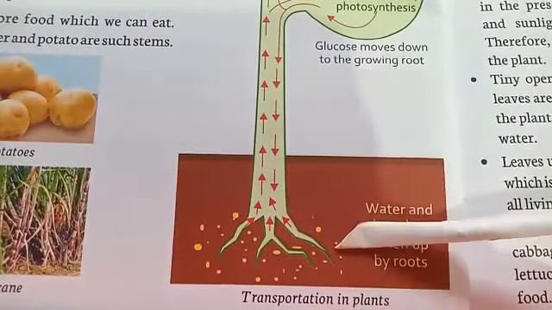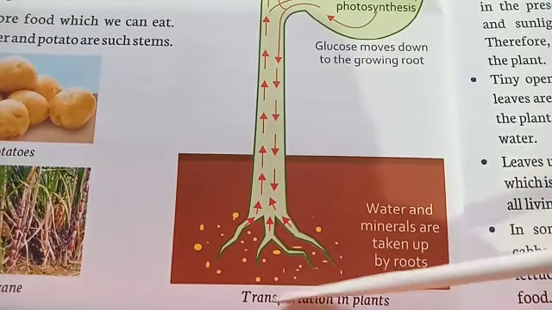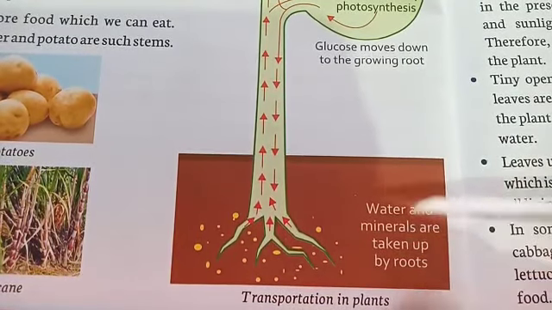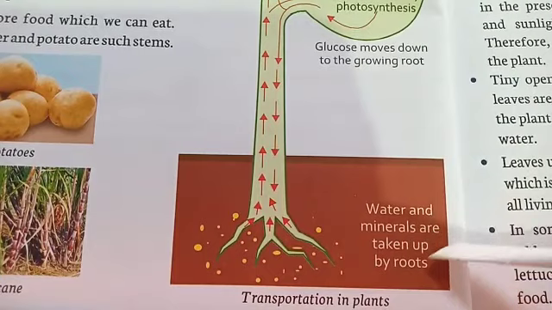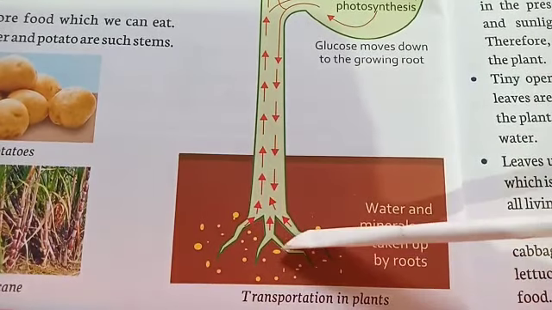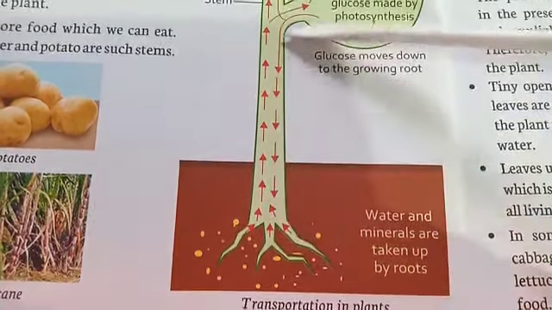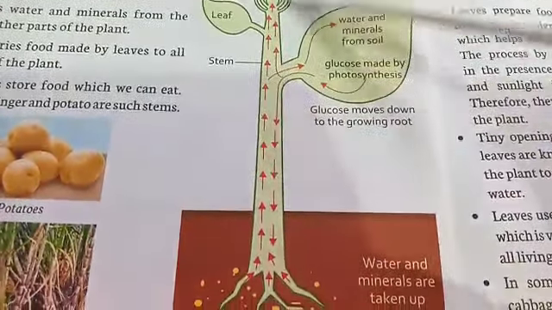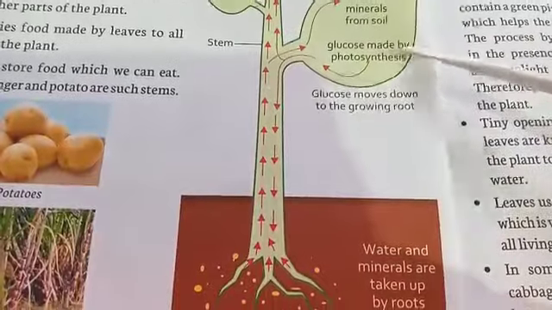Yes, this is the picture showing you transportation in plants. Water and minerals are taken up by roots. You can see here through the arrow, and it is taken up to all parts of the plant.